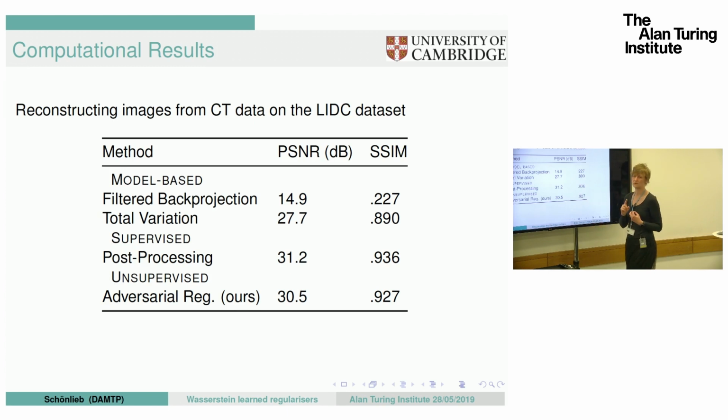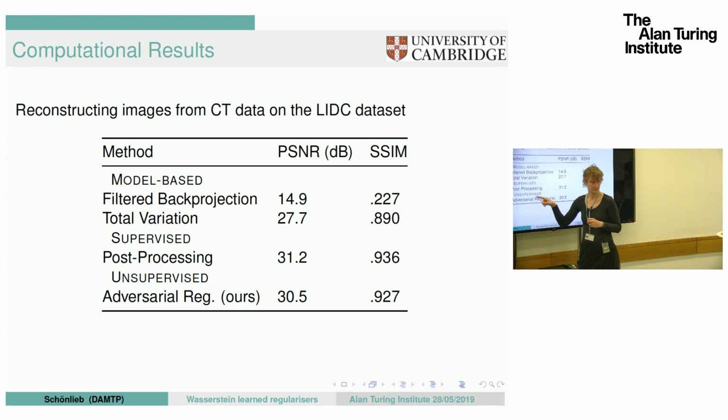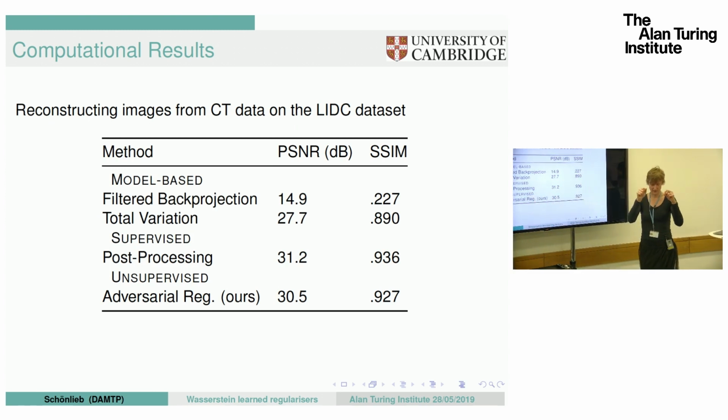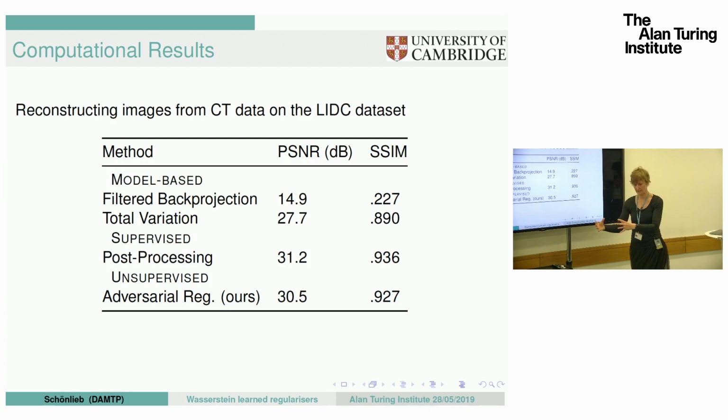But note, and this is really an important thing for people in inverse problems to realize, I think, because this is one thing that I found quite cool about the adversarial regularizer. We call it here unsupervised. Why do we call it unsupervised? Because if you think about the way we are training on the distribution PR and the distribution PN, these do not need to be paired.